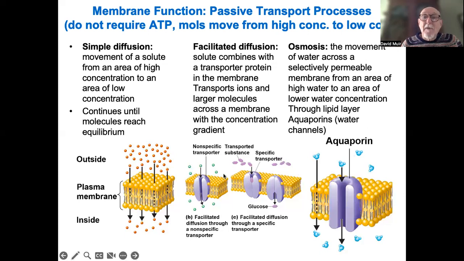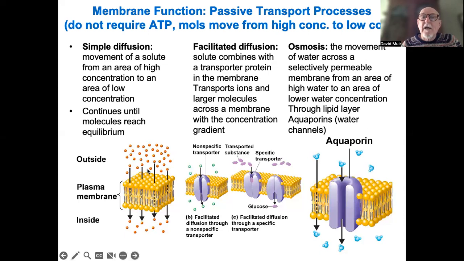Now, some of these facilitated diffusive transporters are in fact very, very specific. They are specific for particular molecules. And a really typical one is the glucose transporter. Again, it is still using diffusive pressure.